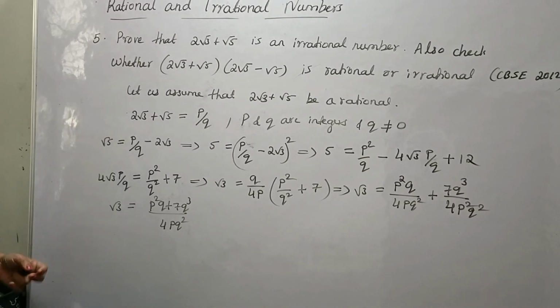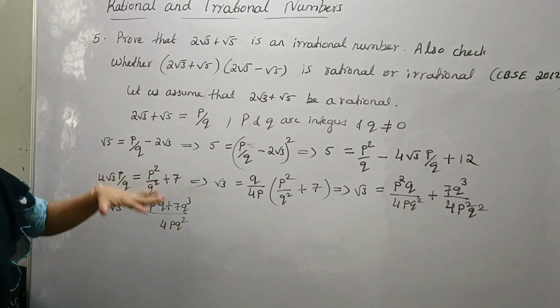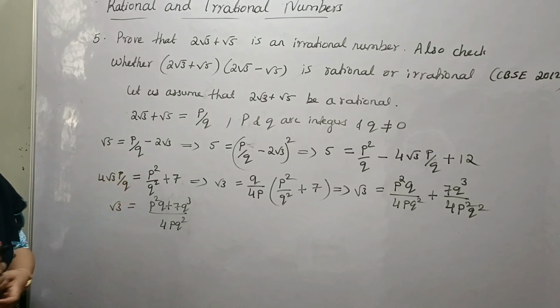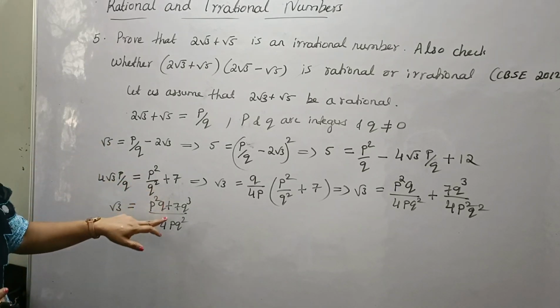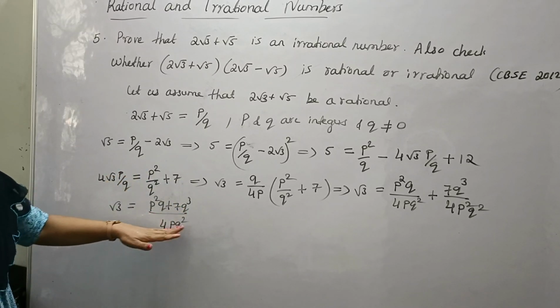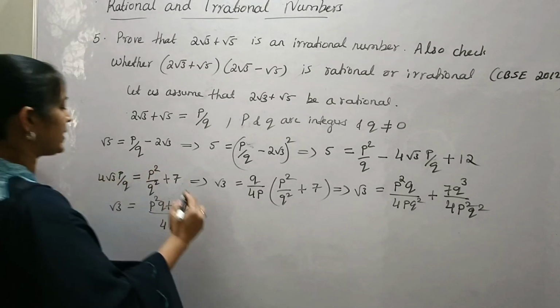Now here we know that p and q are integers. Therefore, p square, q square, q cube all are integers. And p square q is also an integer. 7q cube is also an integer. 4pq square is also an integer. Here one q will be cancelled, right?